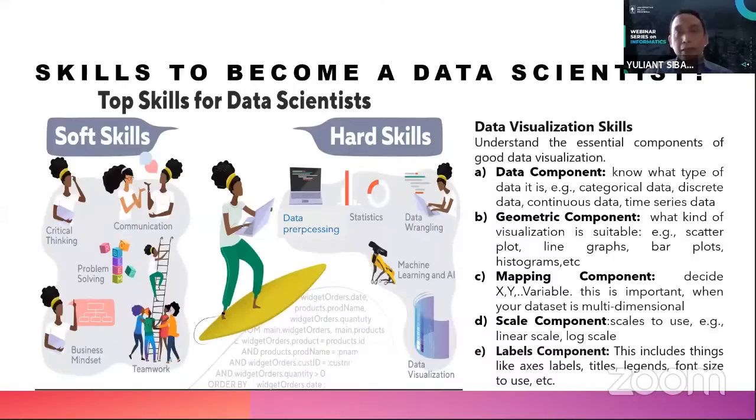In data component, know what type of data, for example categorical data, discrete data, continuous data, and time series data. In geometric component, it's about what kind of visualization is suitable. For example, scatter plot, line graph, bar plot, histogram, etc.